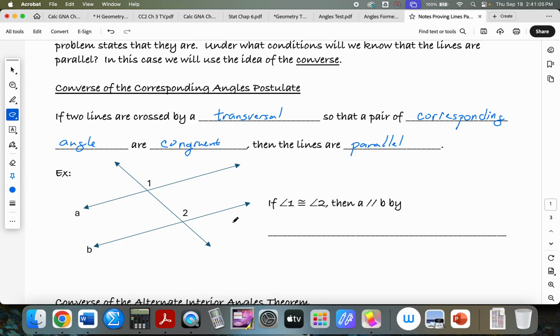So in this diagram, if I know that angle 1 is congruent to angle 2, then I know that lines A and B have to be parallel.